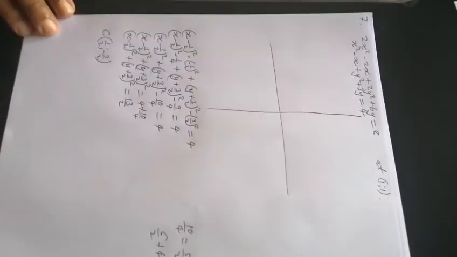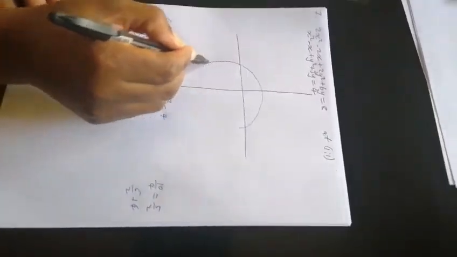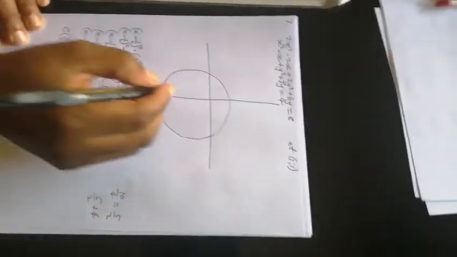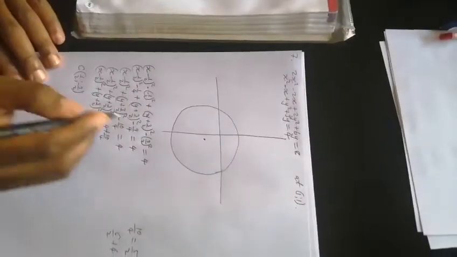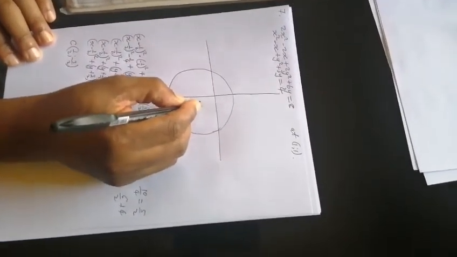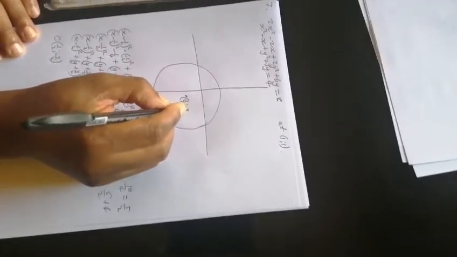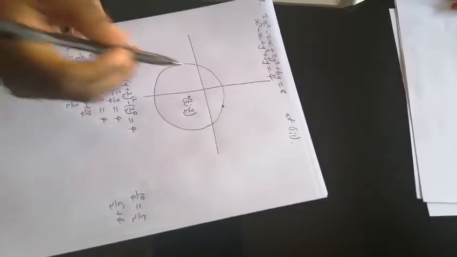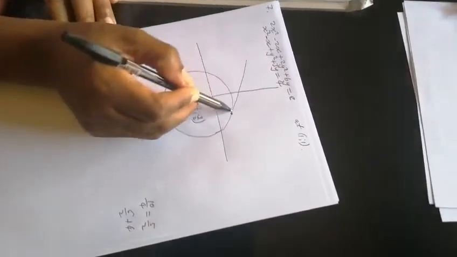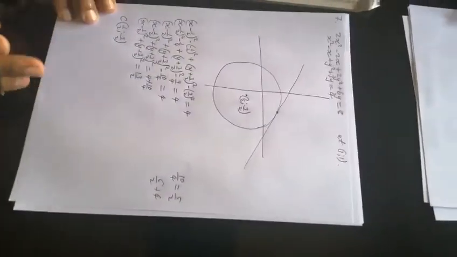Very, very important. So it means we are now going to draw our circle. The center is (half, minus 3 over 2). And we have a point (1, 1), where we have a tangent.